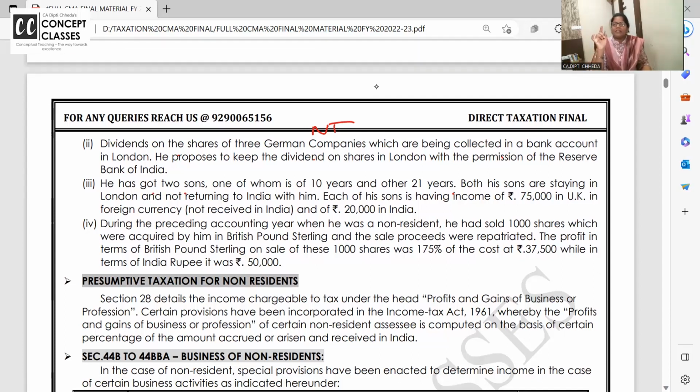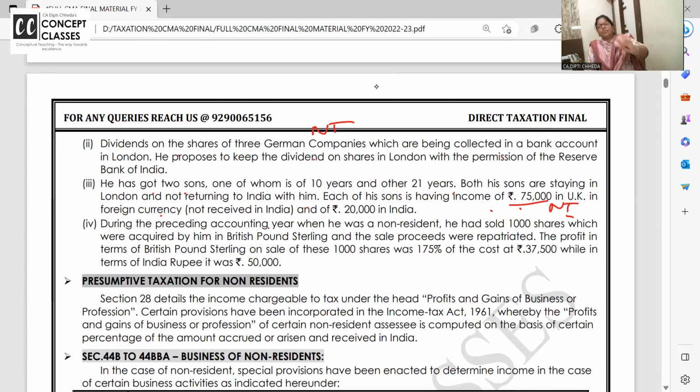For every minor child, parents get exemption up to 1500 per child under section 10(32). Both his sons are studying in London and not returning. Each of his sons is having income of 75,000 in UK in foreign currency, not received in India, not taxable.